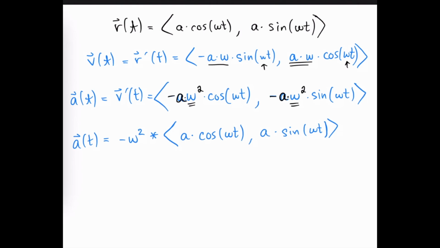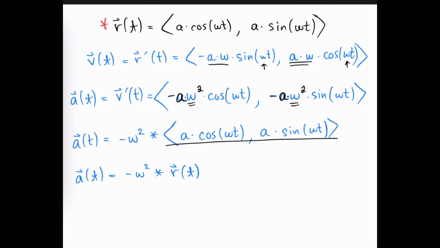Now, hopefully you can see and recognize that this vector is the same as the original vector that we started with. So our acceleration vector is a negative constant multiple of the original position vector.